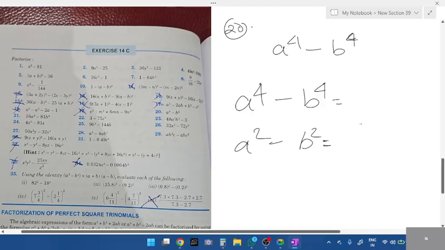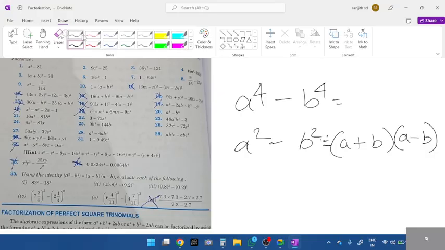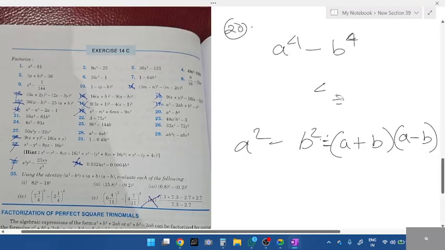For which one do we have a formula? For a square minus b square: a plus b into a minus b. So we have a formula only for square, right? We don't have one for 4.